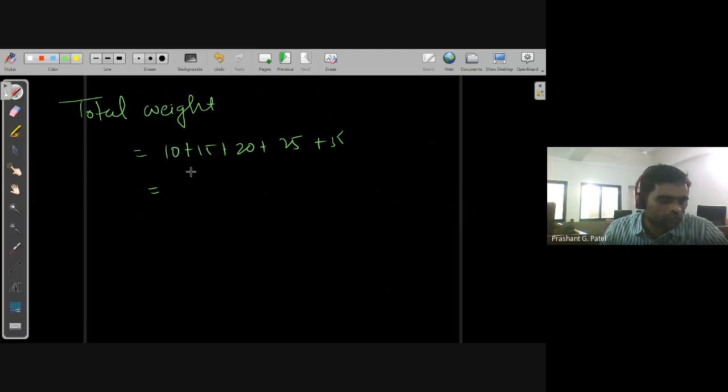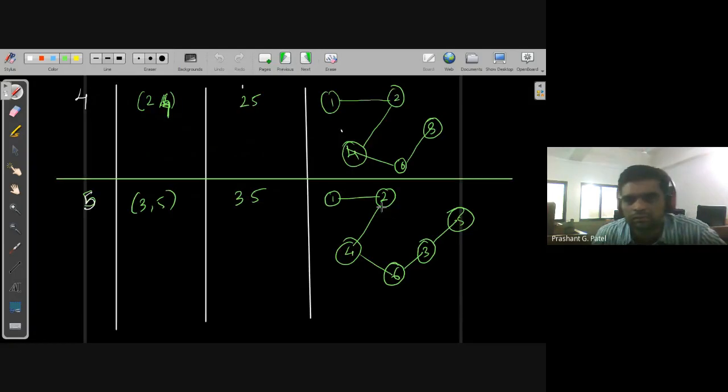Okay, so you will have the answer is 105 units, whatever the unit is, which is the minimum weight of a spanning tree, as given in this figure. All right.